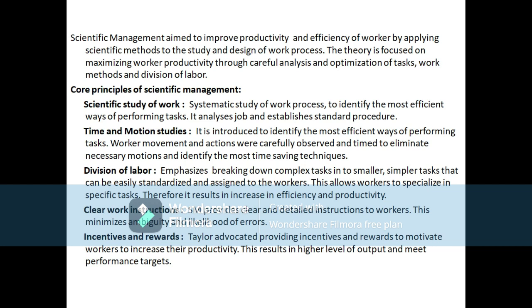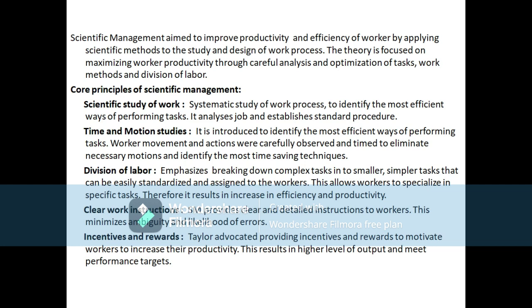Okay, now clear work instructions. Scientific management provides clear and detailed instructions to the workers. This minimizes ambiguity and the likelihood of errors. If we have given clear instructions regarding the work to be performed by the workers, there would be no ambiguity or vagueness in the worker.